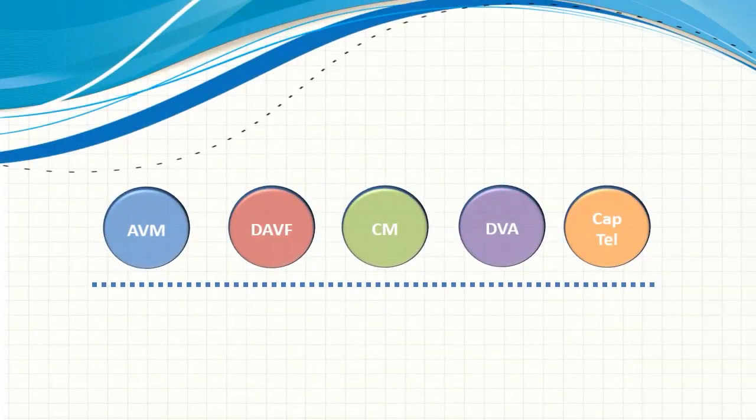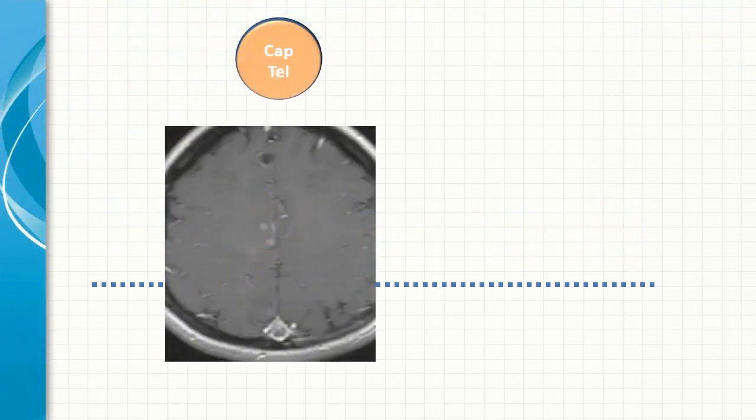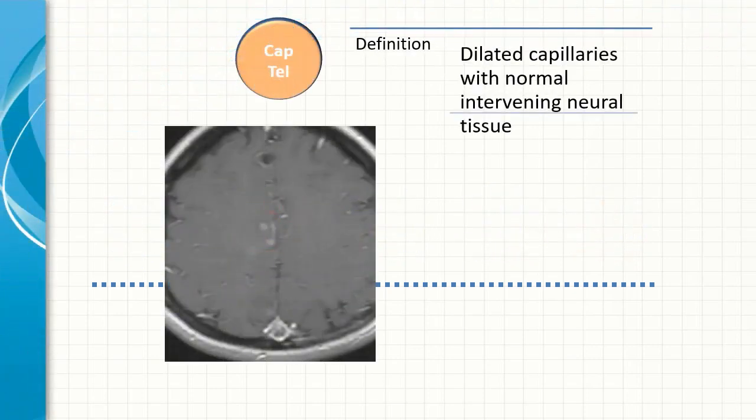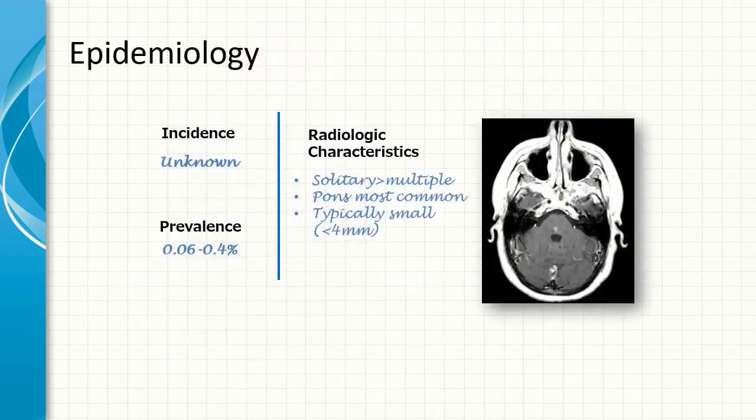We will now turn to the last category of capillary telangiectasia. Telangiectasias are dilated capillaries with normal intervening neural tissues. Here you see a patient who has 2 capillary telangiectasias with slight blushing on T1 with gadolinium. Capillary telangiectasias are fairly rare.